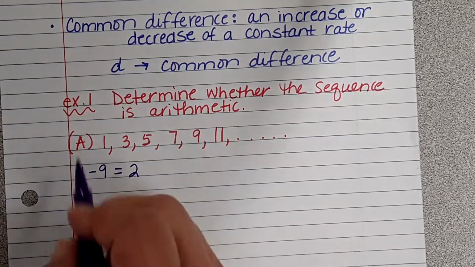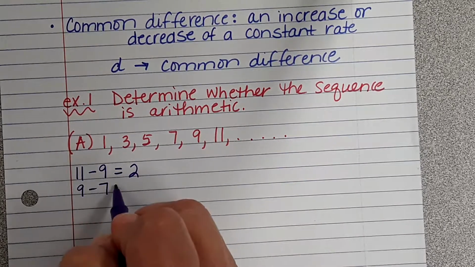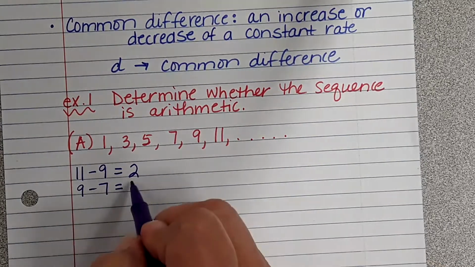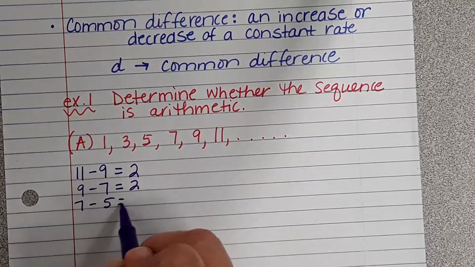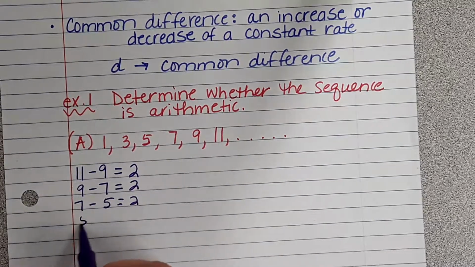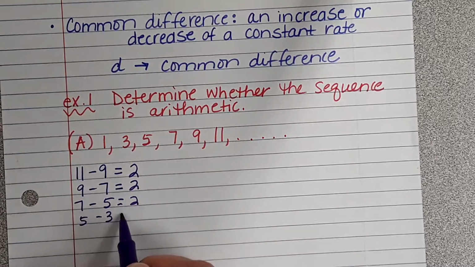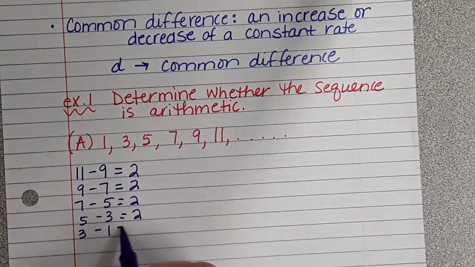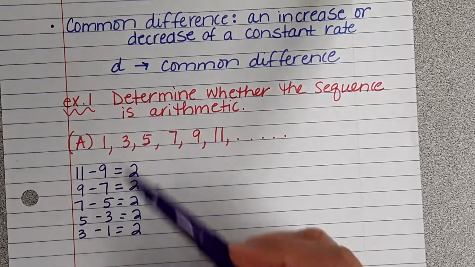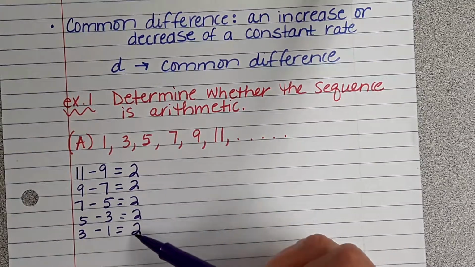So now we're going to start with 9 minus 7. And then we're going to do 7 minus 5. And then we're going to do 5 minus 3. And then we're going to do 3 minus 1. So see how all of these are the same?